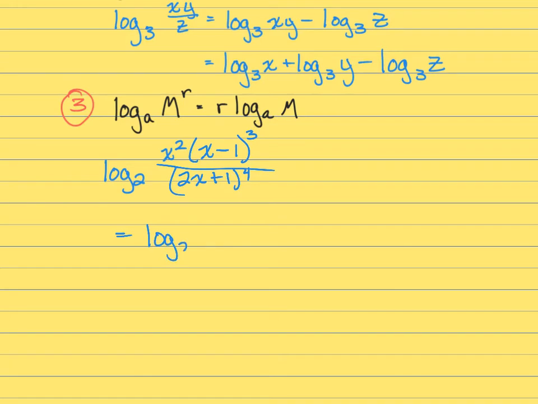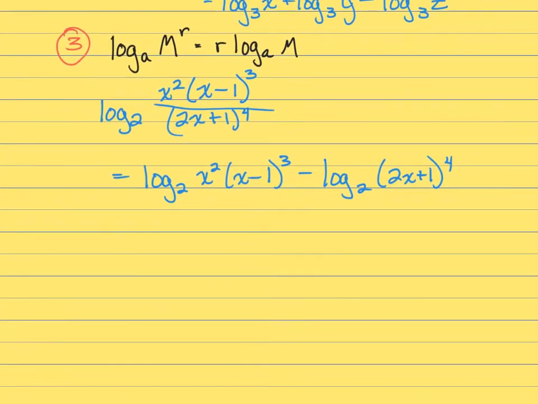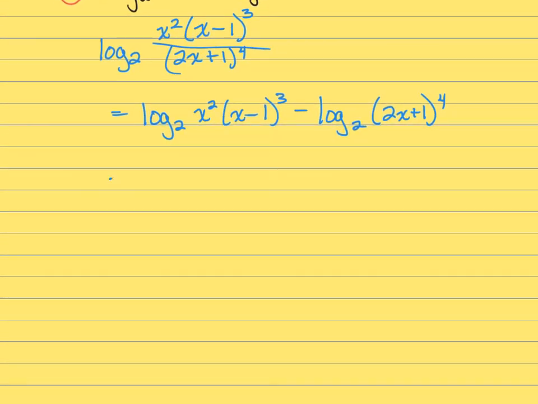Log base 2, we'll use the second property first, where we just have the log of the top minus the log of the bottom. And now on this first logarithm, we can use property 1, which means log base 2 of x squared plus log base 2 of x minus 1 cubed. And then I'm going to go ahead and use property 3 on this last one and bring the exponent out in front.